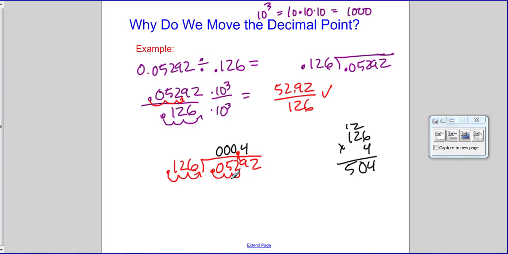So that's 504. Again, make sure you line up your digits here. So subtract now, that's going to be 25, bring down the 2, and 126 goes into 252 twice. Then 2 times 126 is 252, and that's 0.